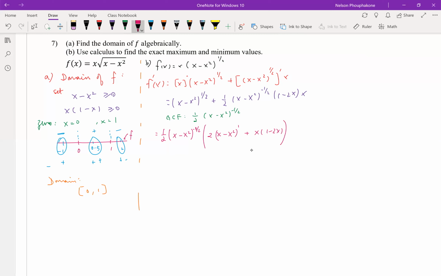Now I will have 2x minus 2x squared plus x minus 2x squared.